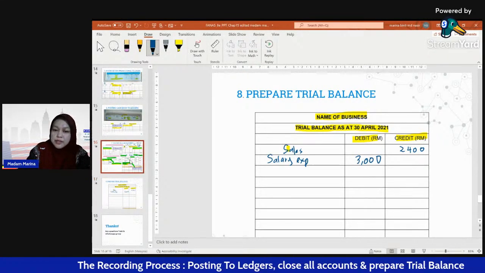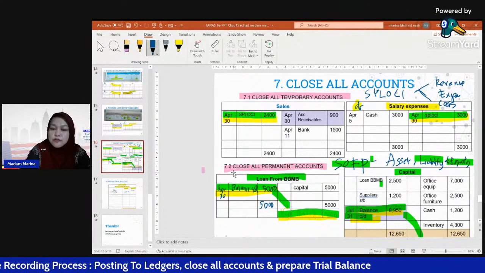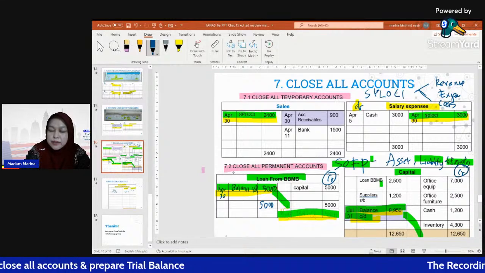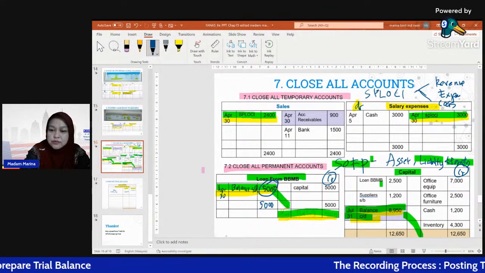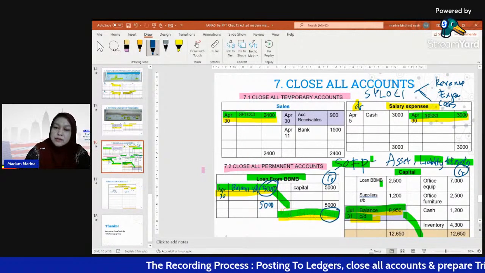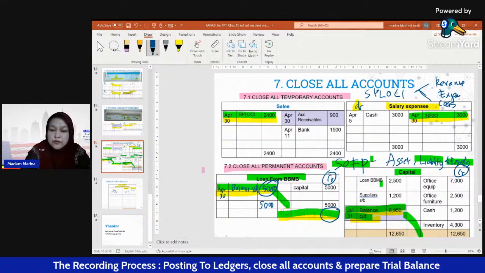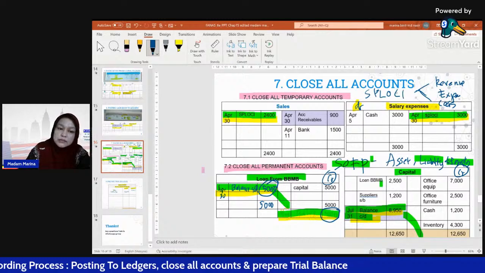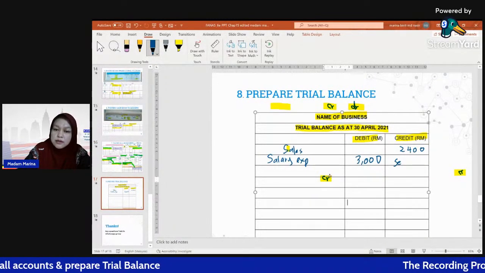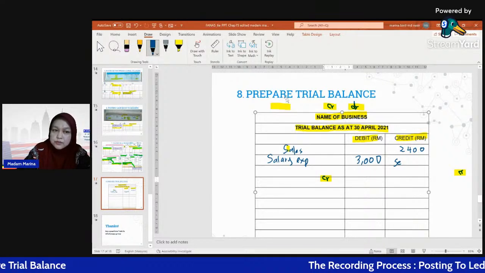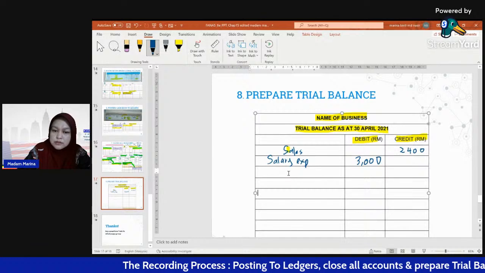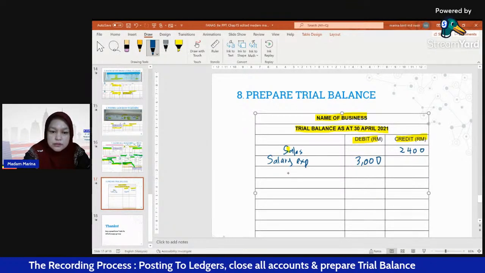Okay. Lagi yang kita ada loan from BBMB. Loan from BBMB berbaki kredit. Capital pun berbaki kredit. Berapa amount yang kita akan transfer ni? 5,000, yang balance CD ni ataupun yang balance BD ni. Tak kisahlah mana-mana, sama je. Tapi yang penting you tahu loan from BBMB ni credit balance. Kenapa kena tahu? Sebab dekat sini kita akan transfer sebelah kredit.